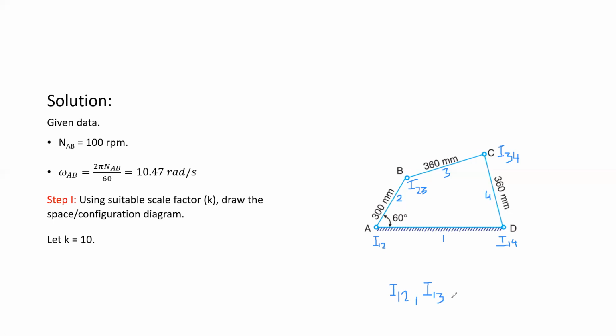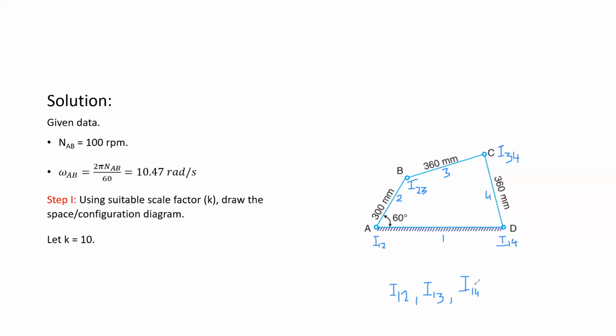You might think that link 3 is not connected with link 1. It does not mean that link 3 will not turn about link 1. It can turn about link 1 at some point, we will see it. And then again I will need I14. So from this discussion it should be clear that for calculation purposes we don't need other ICRs.